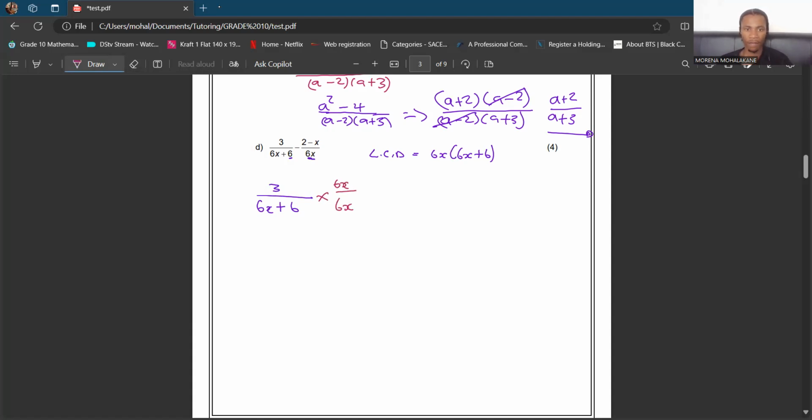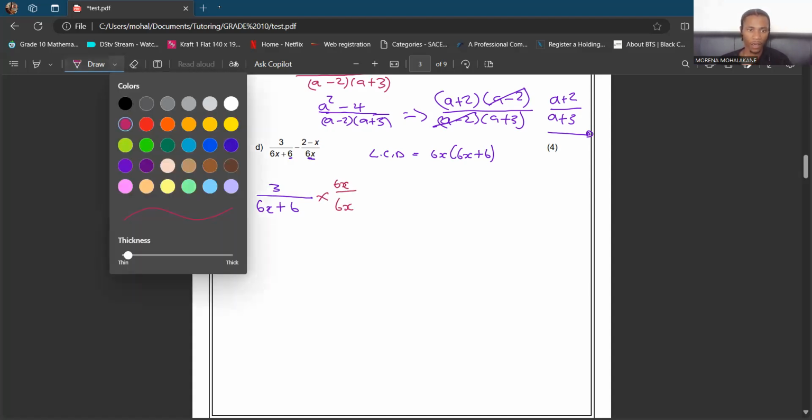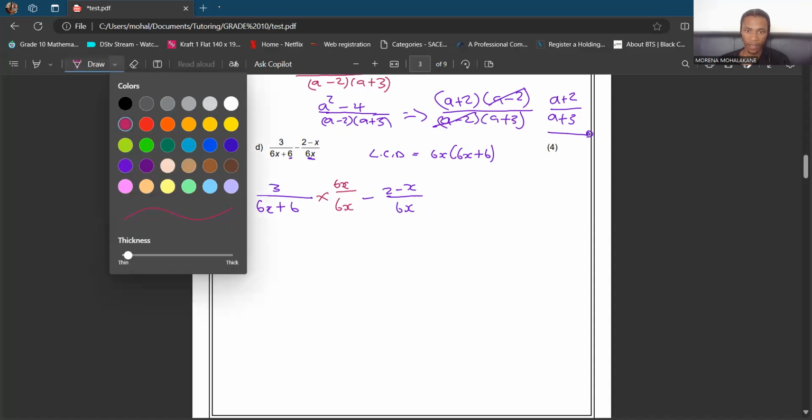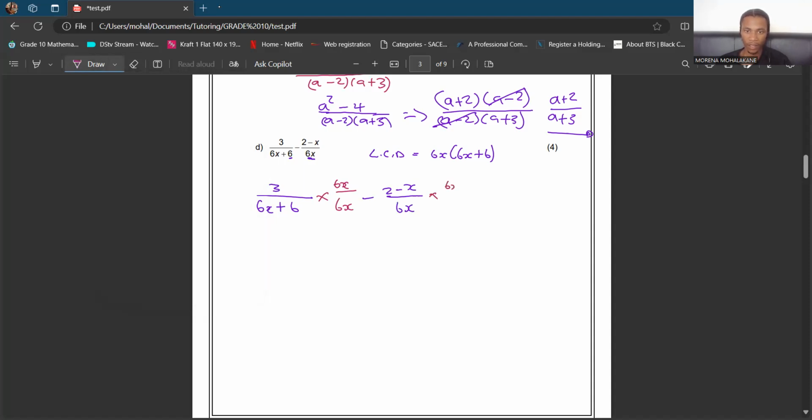And then, going back to the question, I have minus 2 minus x all over 6x. I multiply this one with 6x plus 6 all over 6x plus 6.